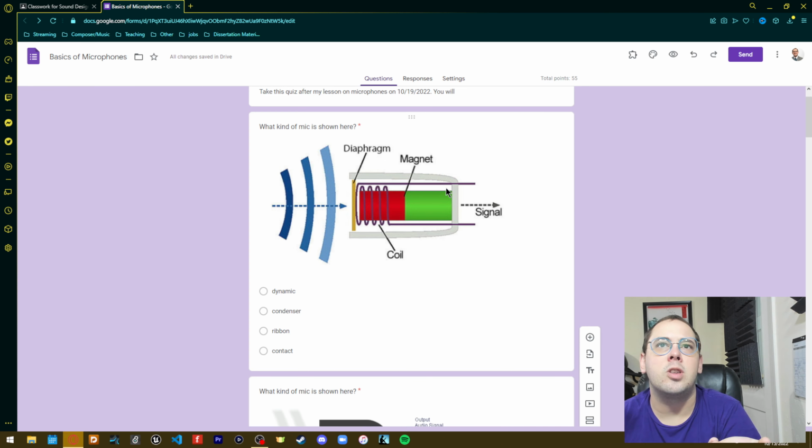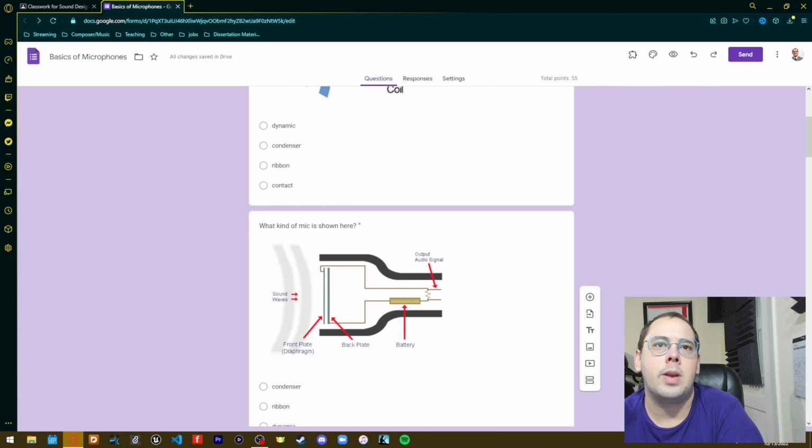Contact microphones are similar to a diaphragm in the sense that they pick up little vibrations on a metal disc and send them out the wires. But we don't actually use any of those in class, and I would have only said they exist.